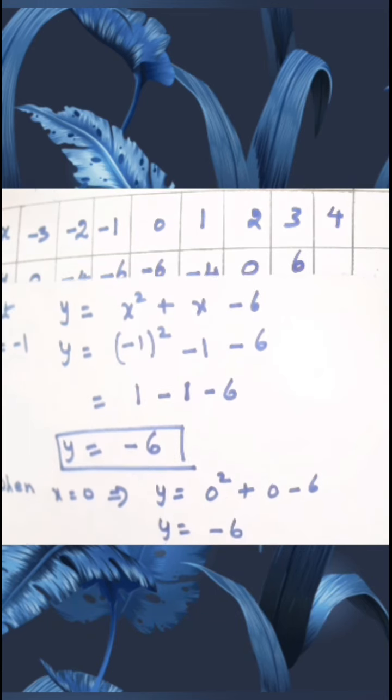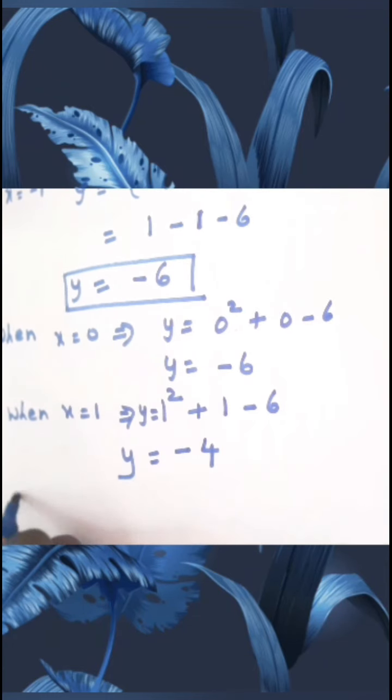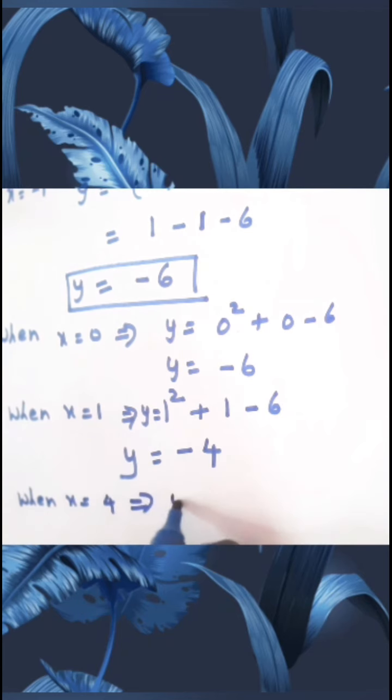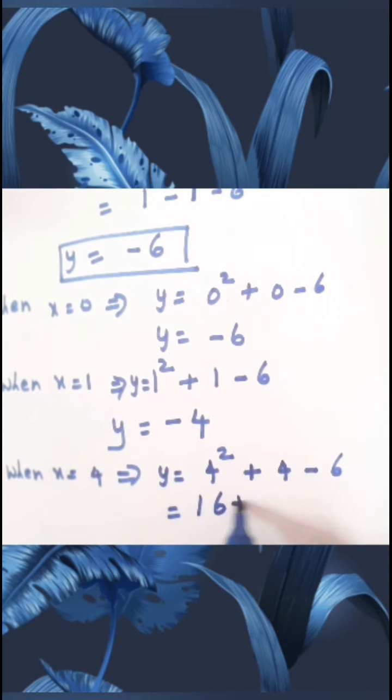Are you all following, students? And for 4, okay, I'll just substitute for 4. So when x is equal to 4, y is equal to, I'm just substituting, 4 square plus 4 minus 6. 4 square will give you 16, plus 4, minus 6.